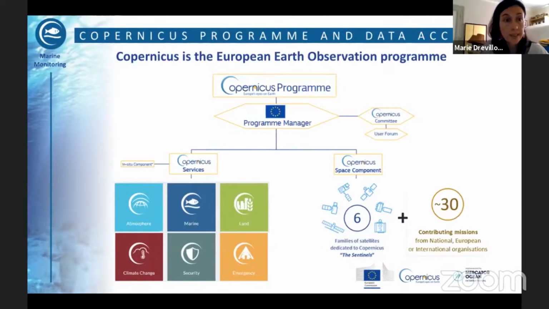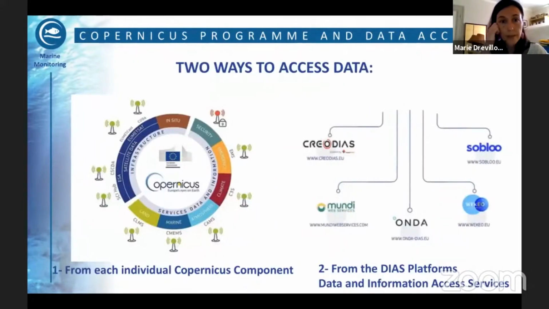It also has an in-situ component and thematic services based on these observations, among which there is a marine environment monitoring service, which is coordinated by Mercator Ocean. Next slide, please. There are 2 ways to access the data, either via the services themselves on their web portals or on DIAS platforms. 5 are developed and 1, Wekeo, is developed jointly by EUMETSAT, ECMWF, and Mercator Ocean. Next slide, please.